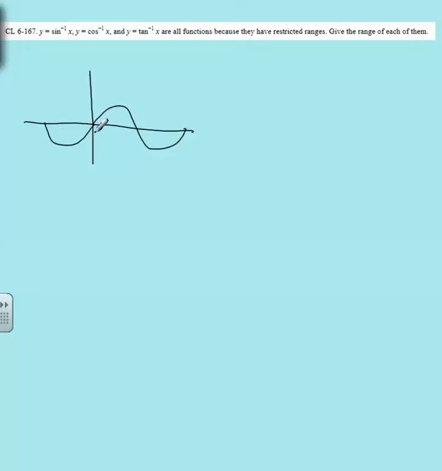When we sketch the inverse, it does this. From here to here is our restricted range for sine. So for the inverse of sine, our range is from negative pi over 2 to right here, which is positive pi over 2.